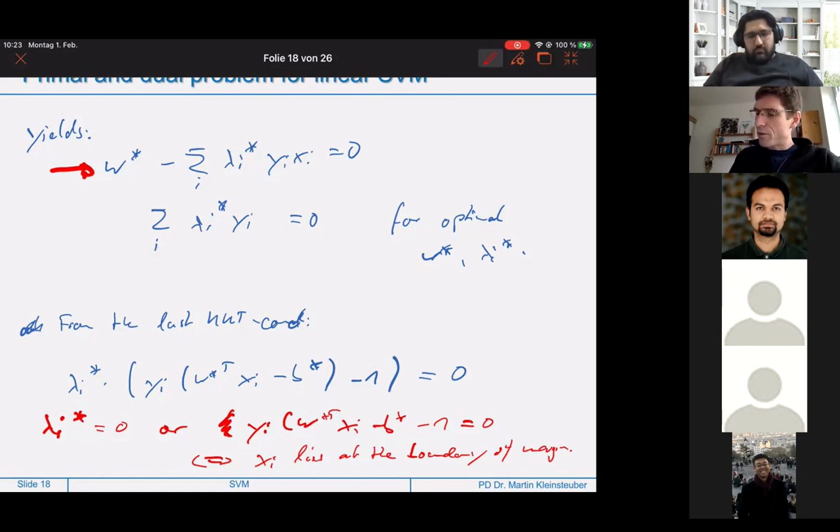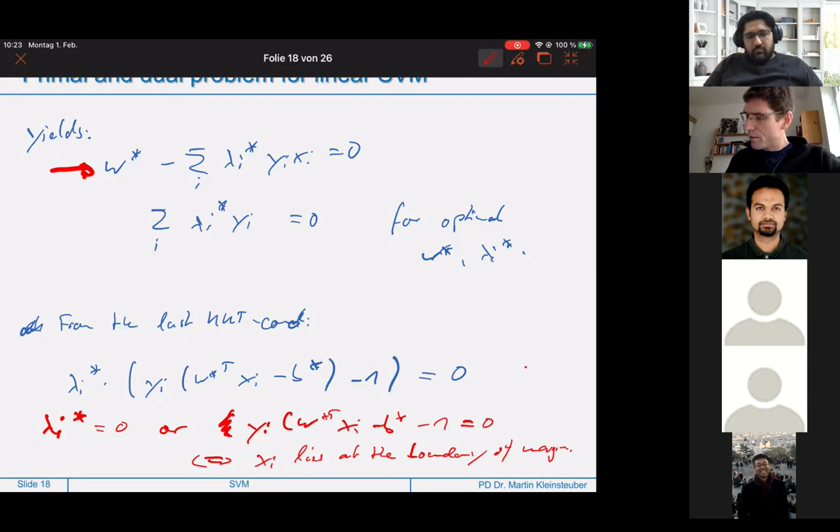So if I look at the linear combination of this W star, it only consists of non-trivial summands of the xi that lie on the boundary of the margin. Right?